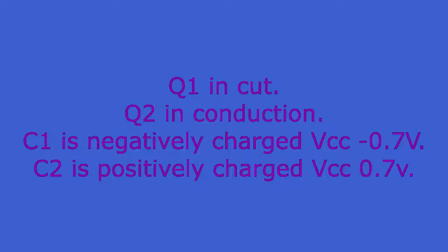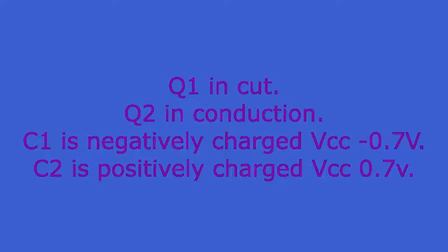In state 2, Q1 is in cut-off and Q2 is in conduction, so the charge in C1 is negative with a potential of VCC minus 0.7 volts, and the charge in C2 is positive with a potential of VCC minus 0.7 volts.